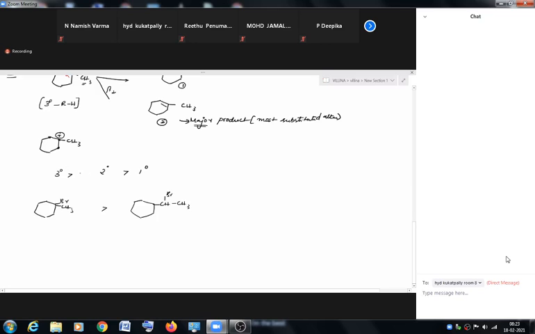It is attached to two other carbon atoms. And greater than that, primary means a straight chain kind of CH2, CH2, Br. So this will give us a tertiary carbocation, this will give us a secondary carbocation, and this will give us a primary carbocation as our reaction intermediate. The same reactivity order, just like open chain compounds, we will have for cyclic alkyl halides also.